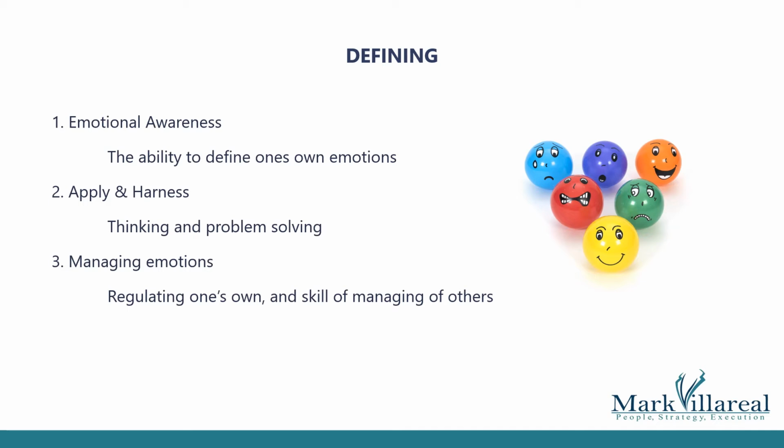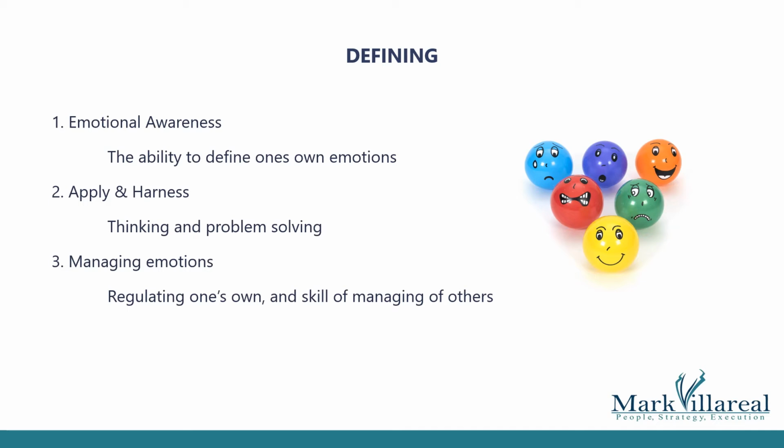Defining. Let's take a step back and define emotional intelligence a little further. 1, it's emotional awareness. It's the ability to define one's own emotions. Emotional intelligence starts with your ability to understand your own emotions and how they affect others. 2 is to apply and harness.